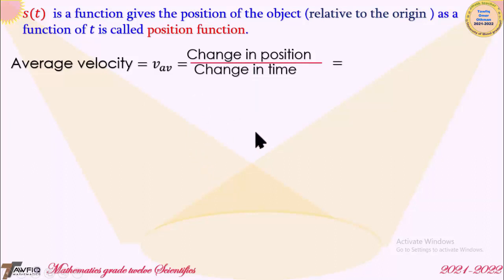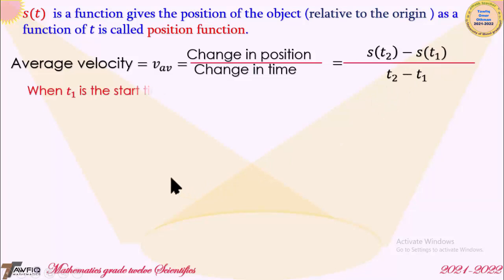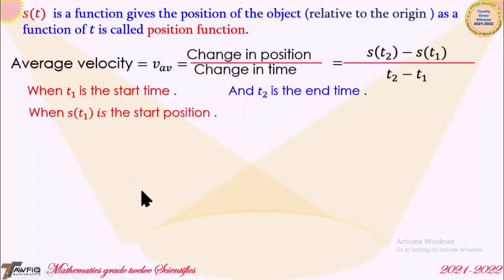That means (s(t2) - s(t1)) / (t2 - t1), where t1 is the start time and t2 is the end time, s(t1) is the start position and s(t2) is the end position.